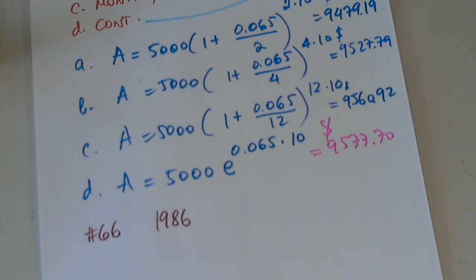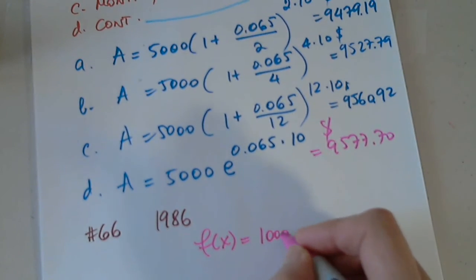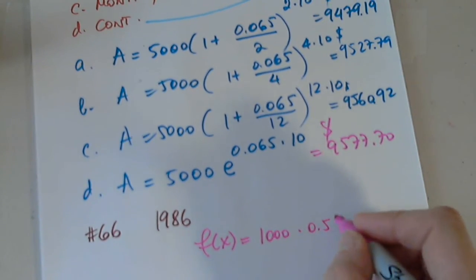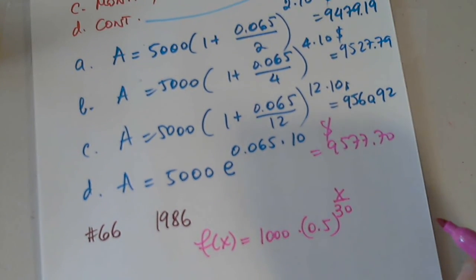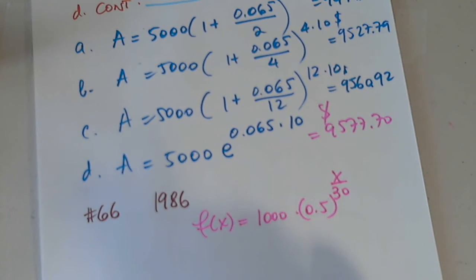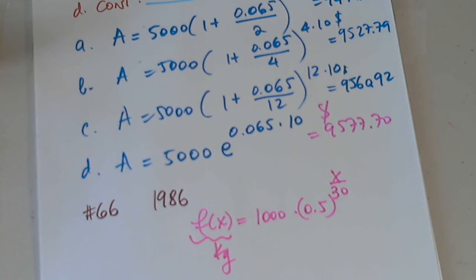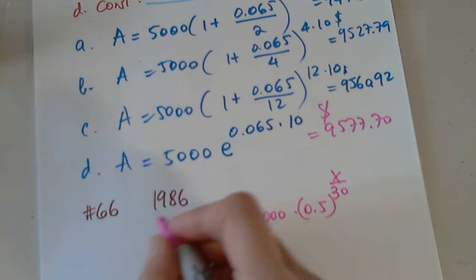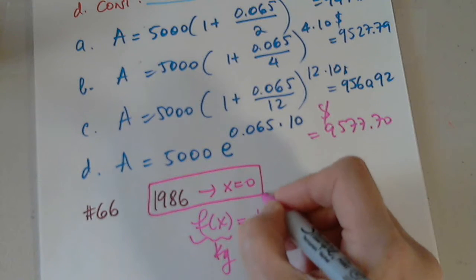The function f of x equals 1,000 times 0.5 raised to x divided by 30 describes the amount f of x, in kilograms, of cesium-137 remaining in Chernobyl x years after 1986, which means x equals 0 for 1986.